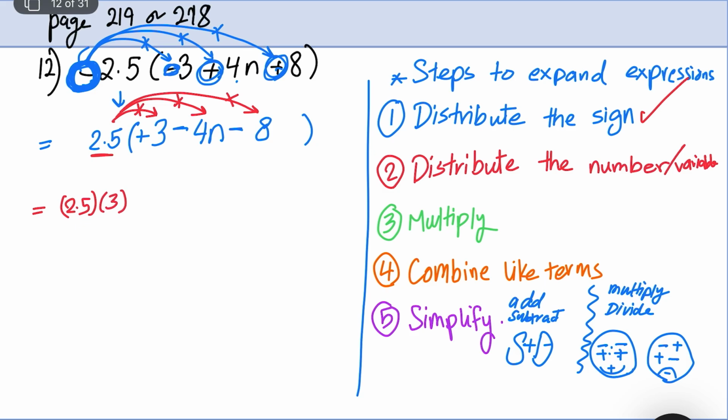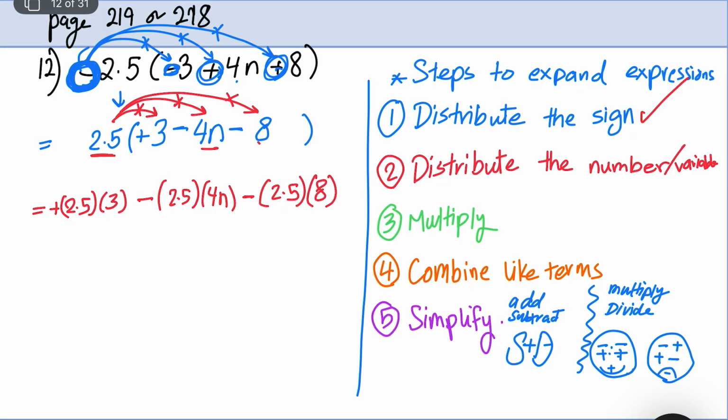Okay, you can write the positive at the beginning. As we said, we write first of all the sign, and then 2.5 in a bracket times 4n in a bracket. Then we write the sign, negative. Then 2.5, then times 8.